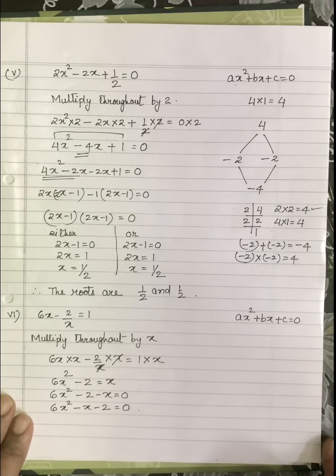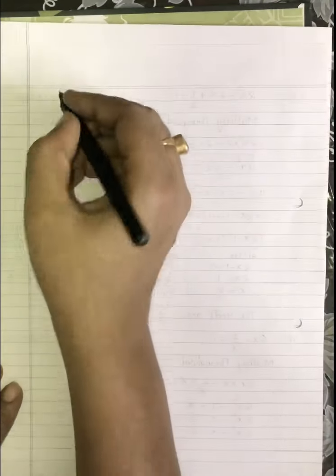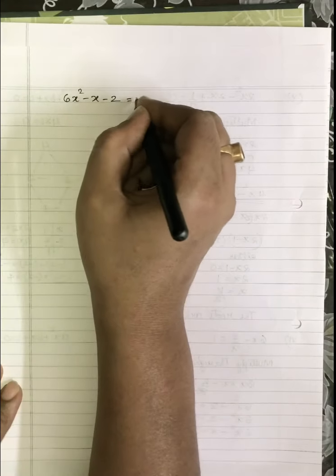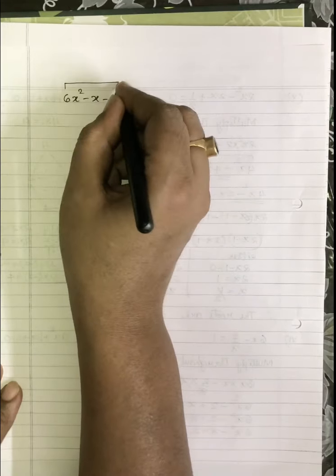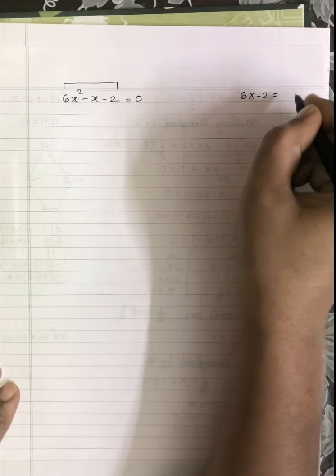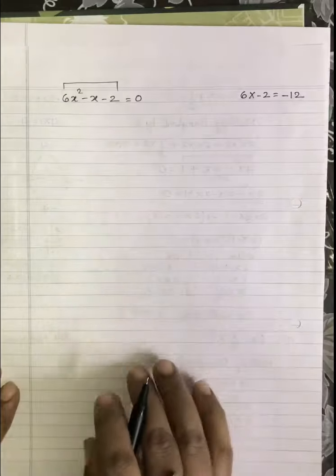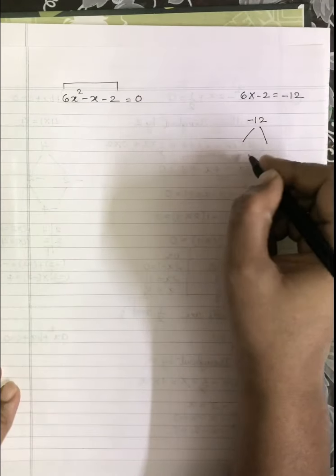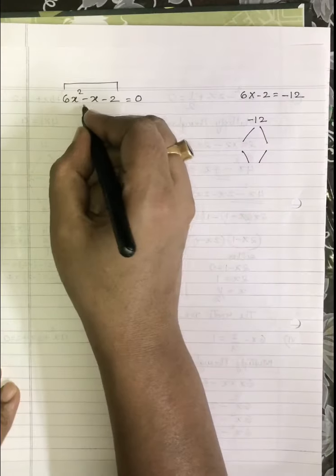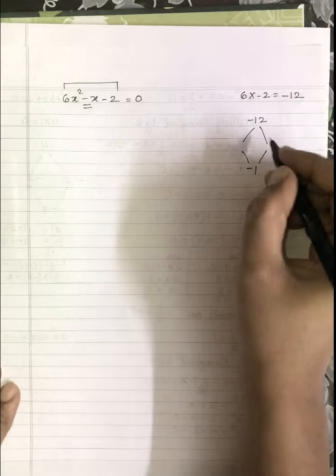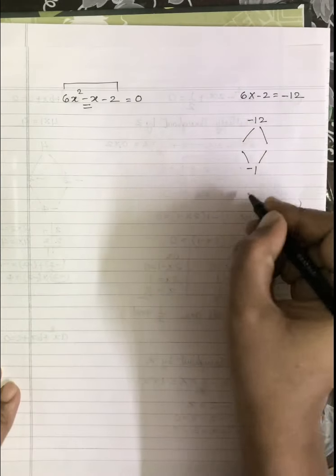You got your equation as 6x square minus x minus 2 is equal to 0. The product of the end terms, 6 multiplied by minus 2 gives you minus 12. So minus 12, the diamond shape, the middle term minus 1. What can be the pairs, children?